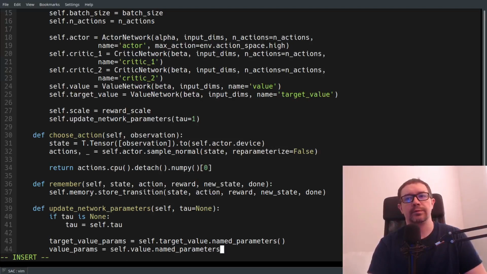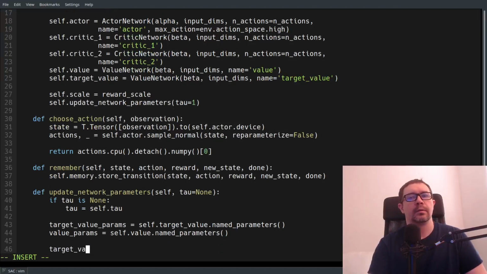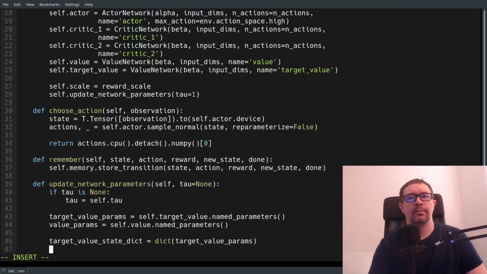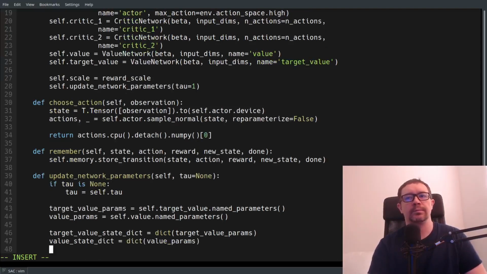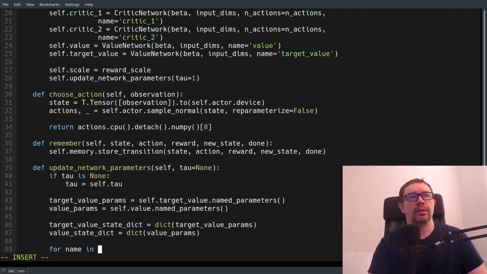Value.named parameters, value state dictionary equals dictionary, and then value state dictionary of value params for name in state dictionary.